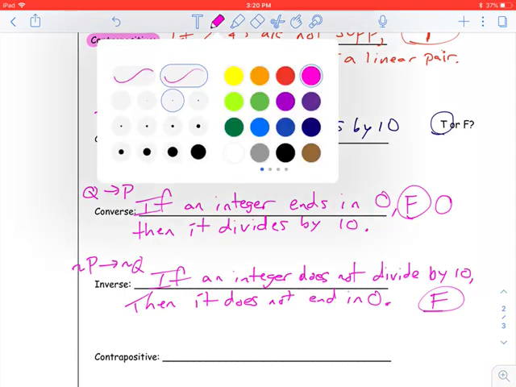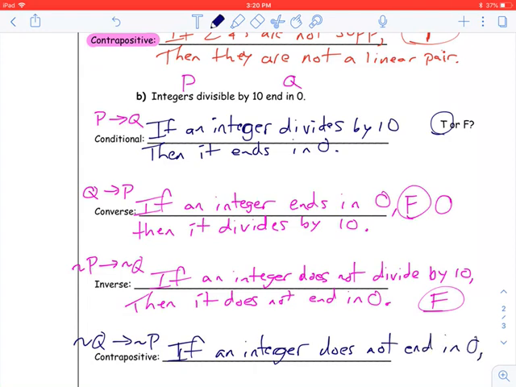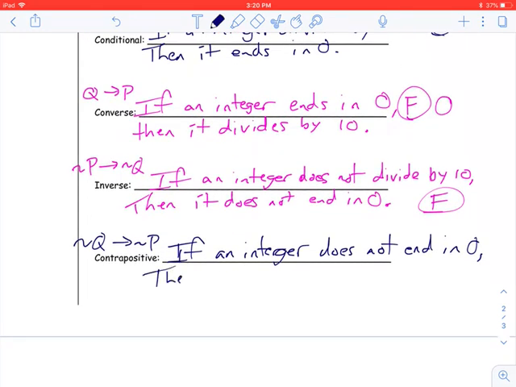Okay? And finally, we have not Q implies not P. So if an integer does not end in 0, then it does not divide by 10.